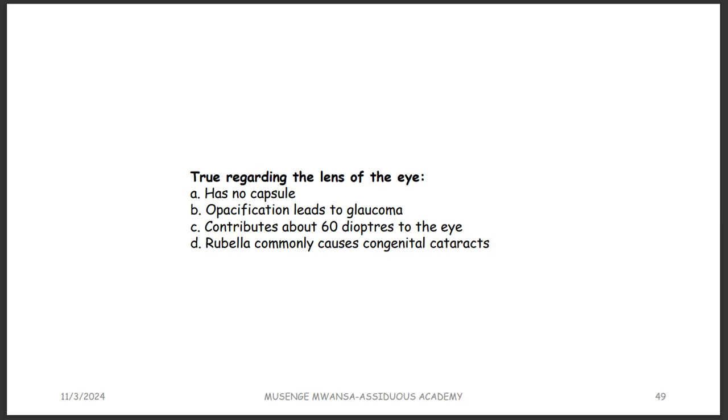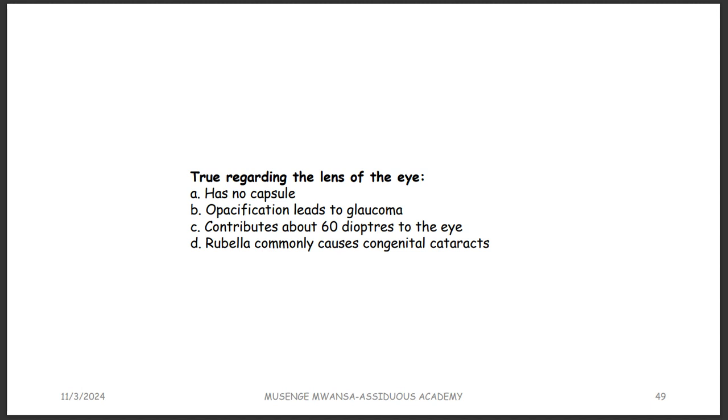True regarding the lens of the eye: has no capsule; opacification leads to glaucoma; contributes about two-thirds of the refractive power of the eye; rubella commonly causes congenital cataract. D, rubella commonly causes congenital cataract.